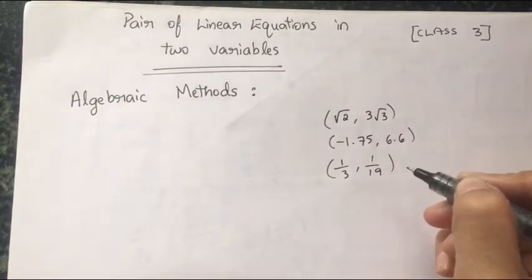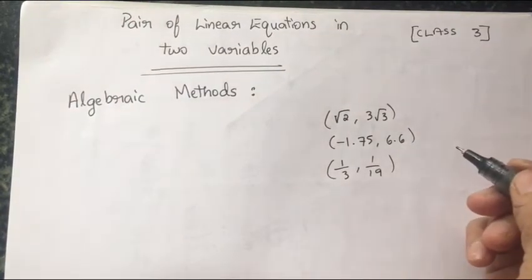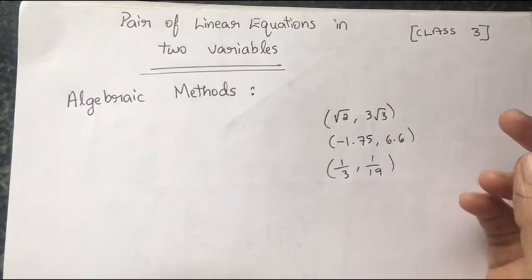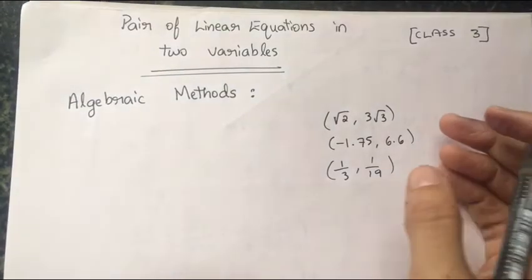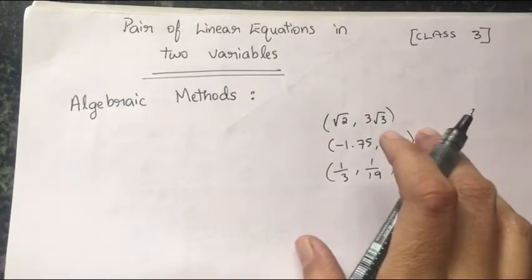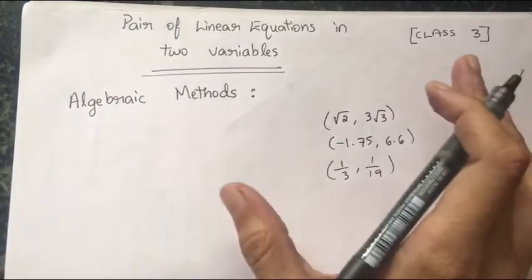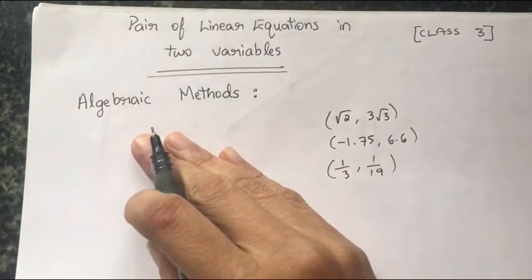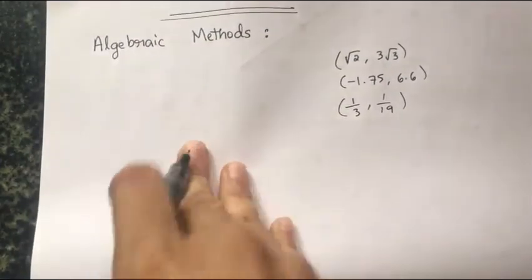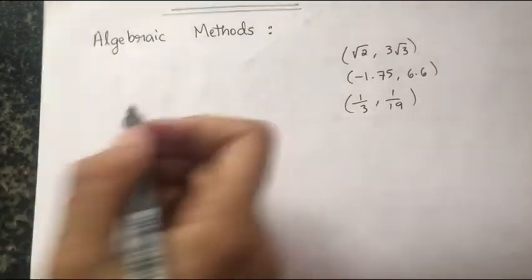In such situations, plotting need not be accurate and there is a possibility of going wrong. So to overcome this, we go by algebraic methods. First method is substitution method.